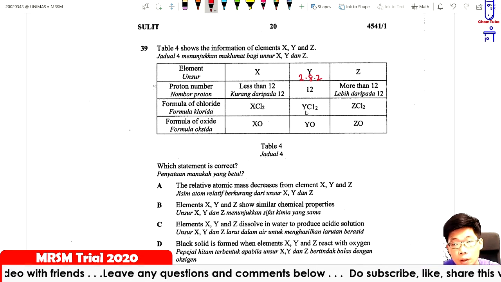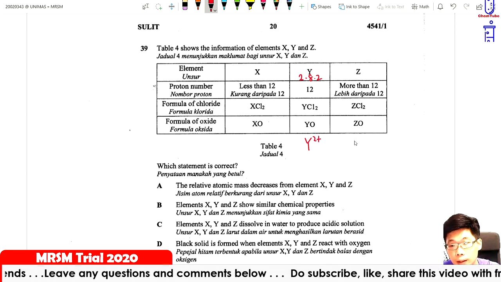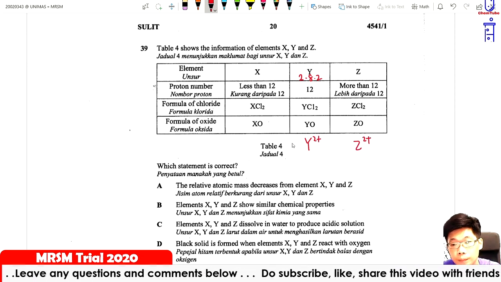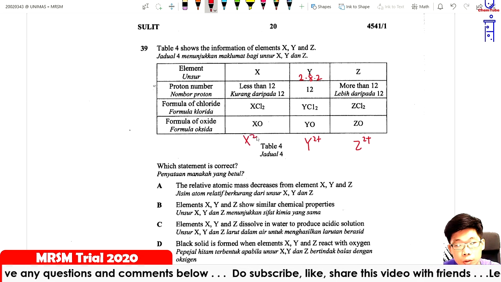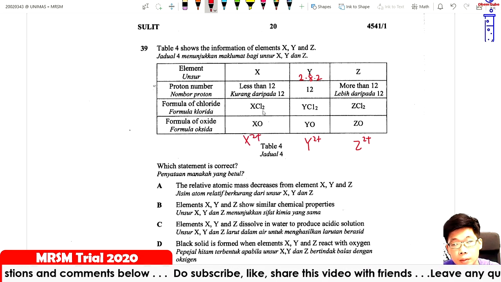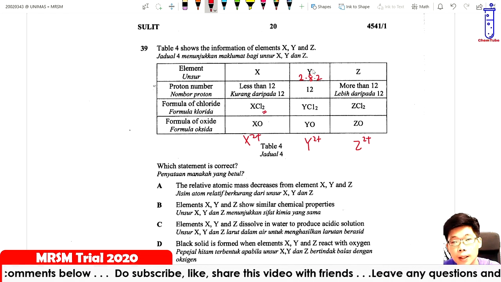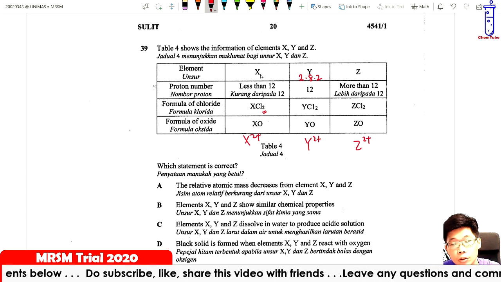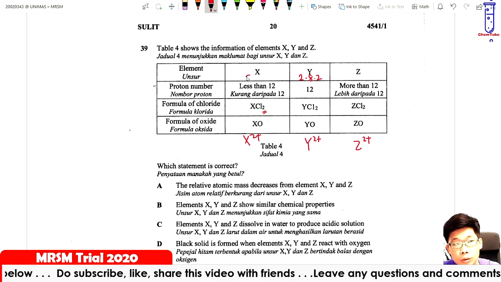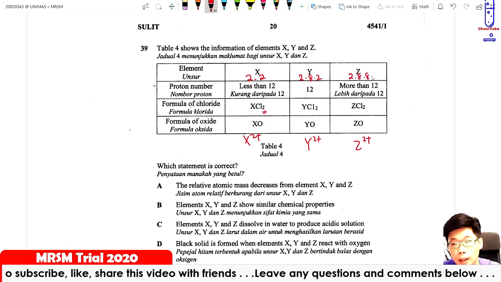In other words, all of X, Y, Z will form a positive ion. X also 2 plus, because once it reacts with the chloride, it forms XCl2. So for X it should be 2, 2, and this one should be 2, 8, 8, 2.